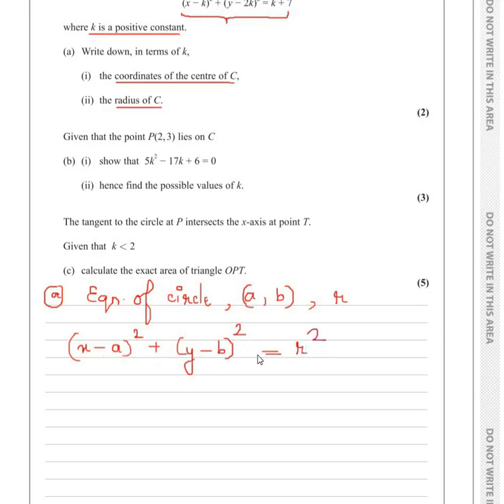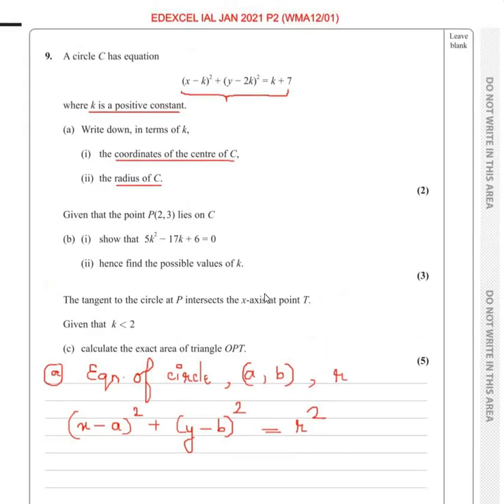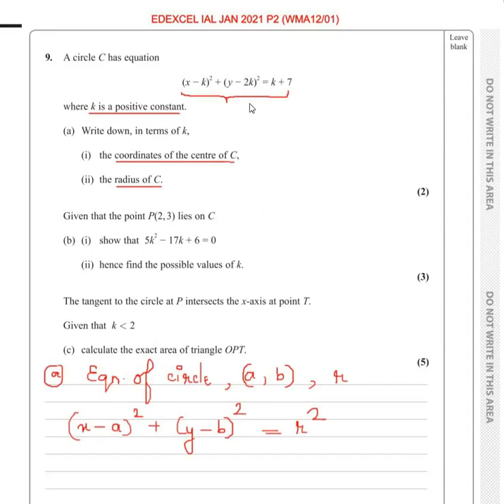So this is the general equation of a circle having a center at a comma b and a radius of r. Now we just have to compare the given equation with the general equation.